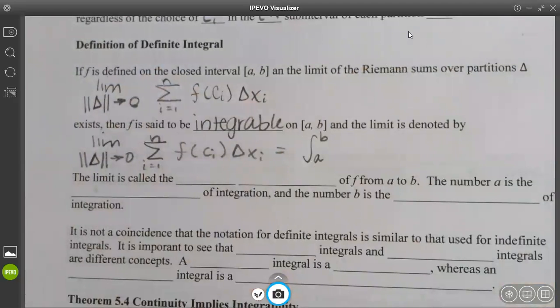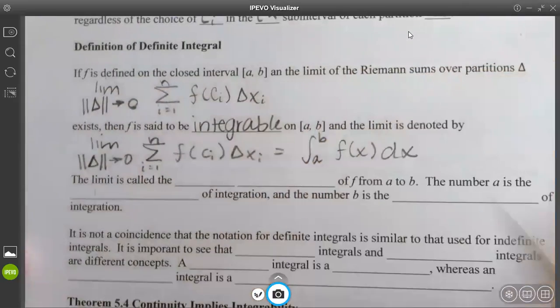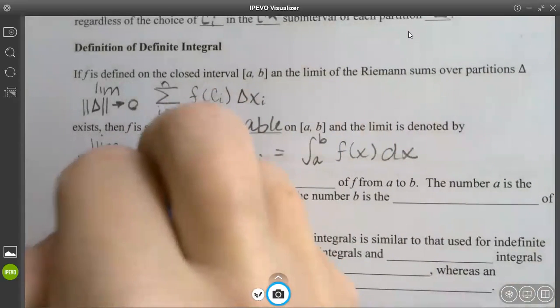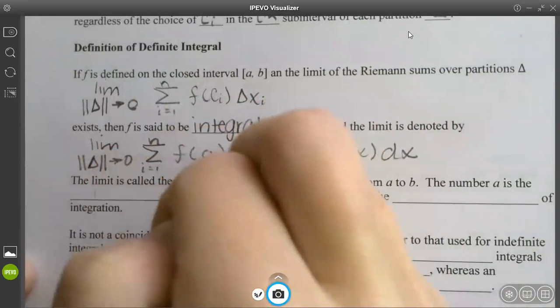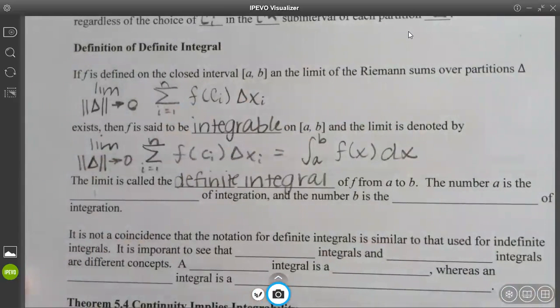Instead of having the interval written out for us, like from the interval a to b, you're going to have it on the integration symbol of f of x dx. The limit is called the definite integral of f from a to b.